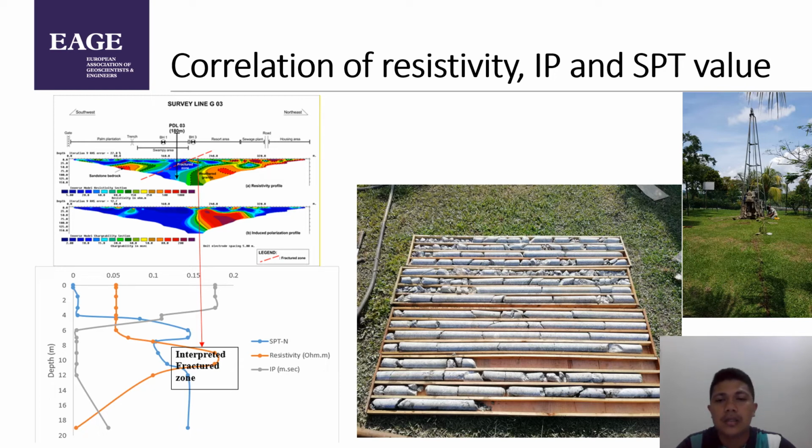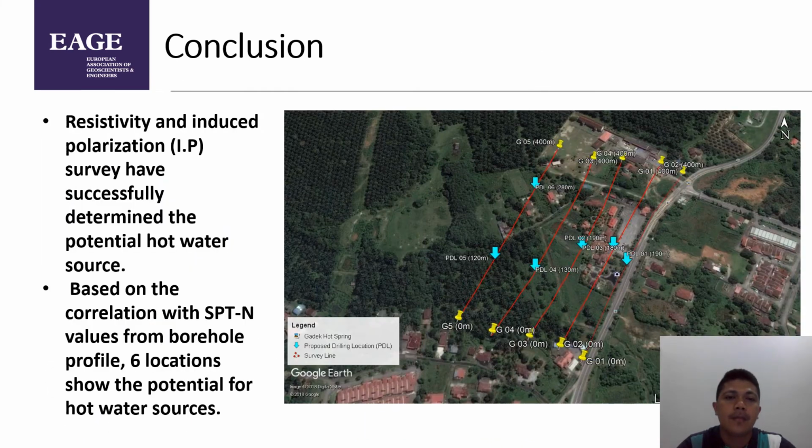This is where we can get the hot water based on the drilling program down to 20 meter, and some of the previous thickness also gives hot water. So we try to relate the SPT N value with the resistivity and IP values to find the hot water based on these 3 parameters.